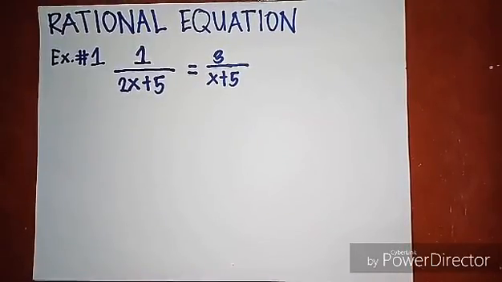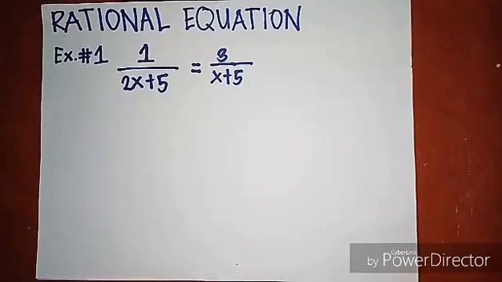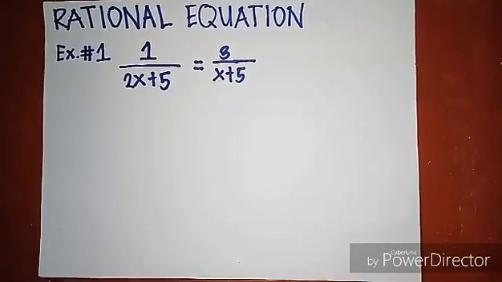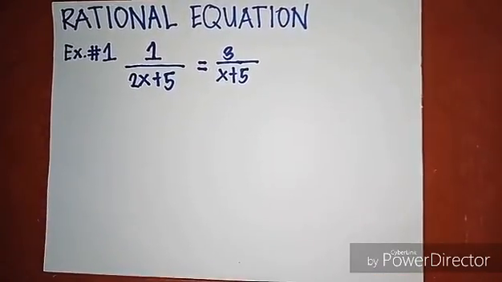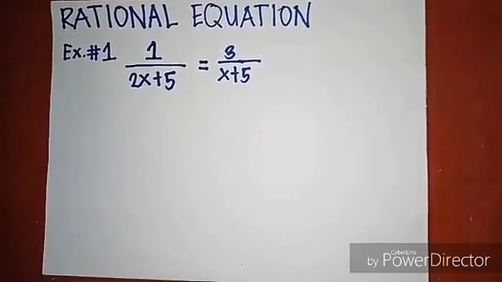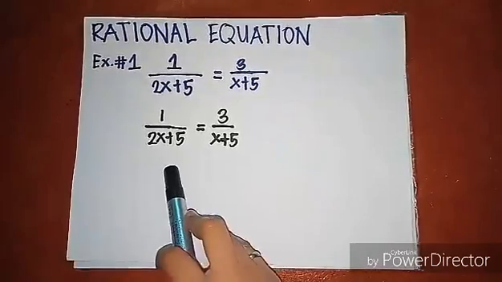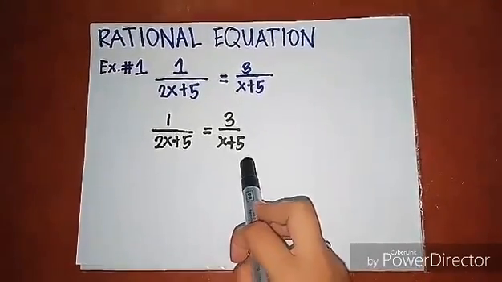Rational equation. Example number 1. 1 over 2x plus 5 equals 3 over x plus 5. We will find the value of x. So first, find the LCM. The LCM here is (2x plus 5)(x plus 5).